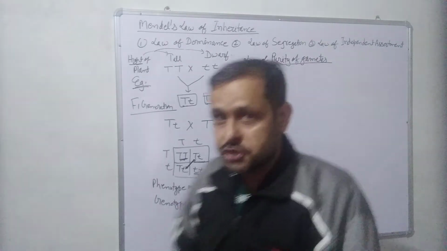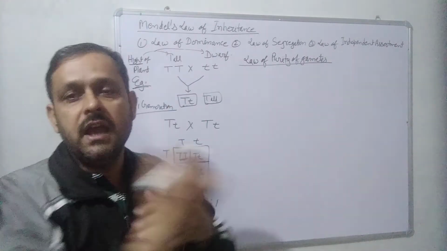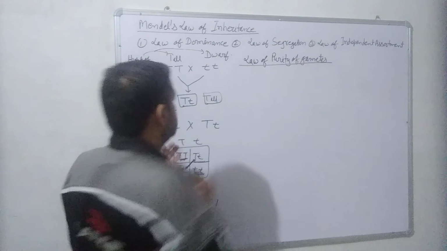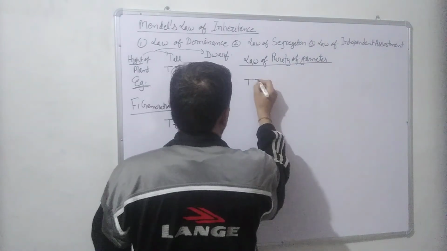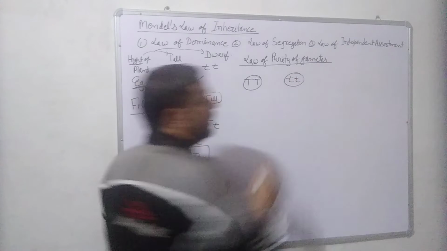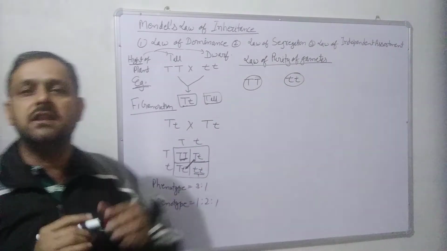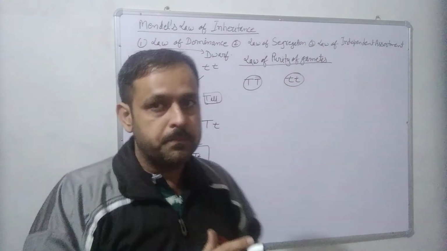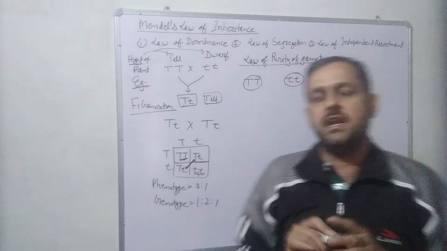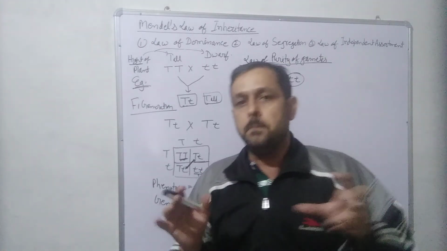Before crossing, the inheritance law which is given by Sutton and Boveri. What is the law? The characters, the genes or the chromosomes are present in the form of pairs, meaning all the chromosomes or the genes present in any organism are in pairs.